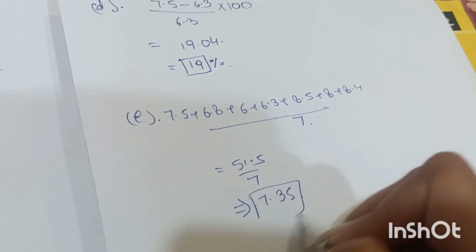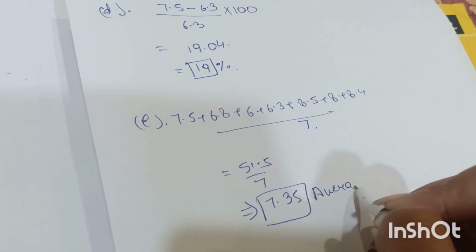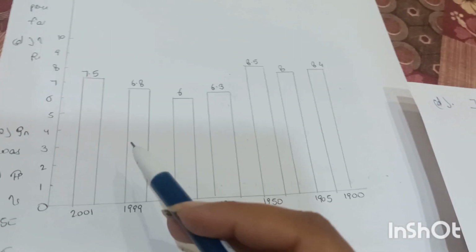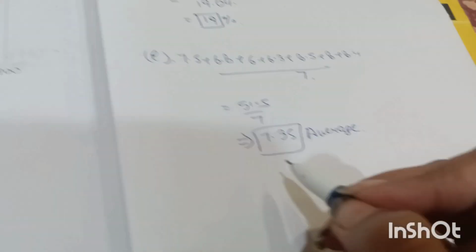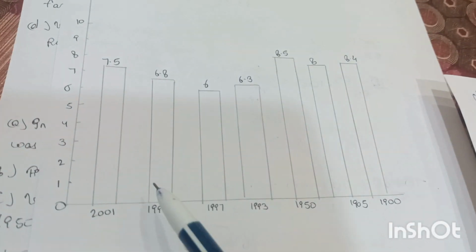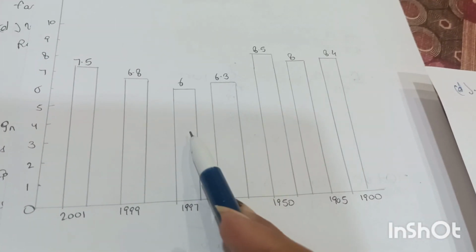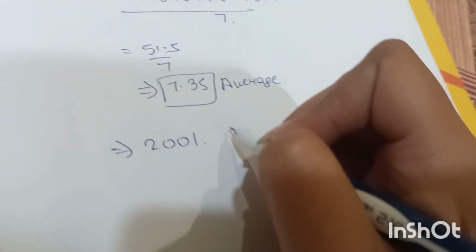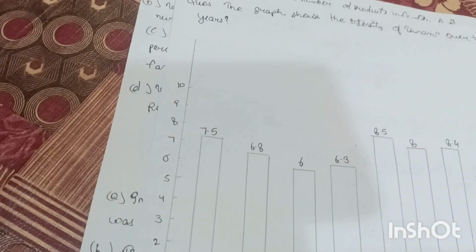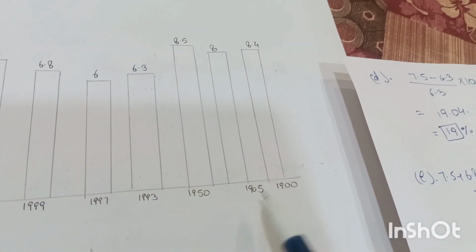This is the average. So now let's see our average. It is of 2001. You can see 2001, then 1999, it's decreased. This is also not it. Then in 1950, and then 1905 and 1900.